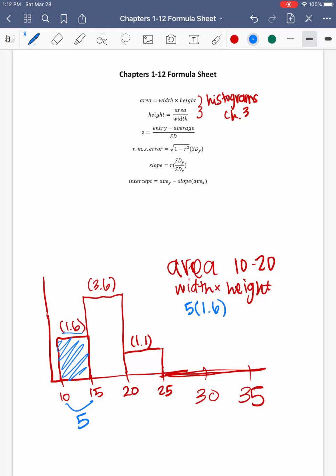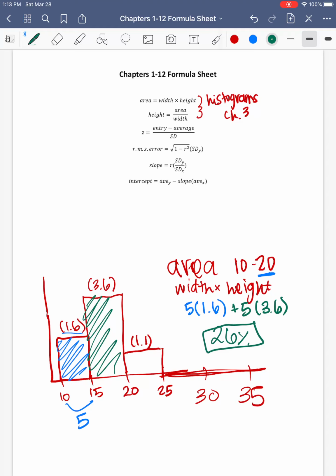But we're not looking for 10 to 15, we're looking 10 to 20. So now I need this next area, 15 to 20. Well, that's also 5, but it has a height of 3.6. So then we can multiply that out. 5 times 1.6 plus 5 times 3.6 is 26%.